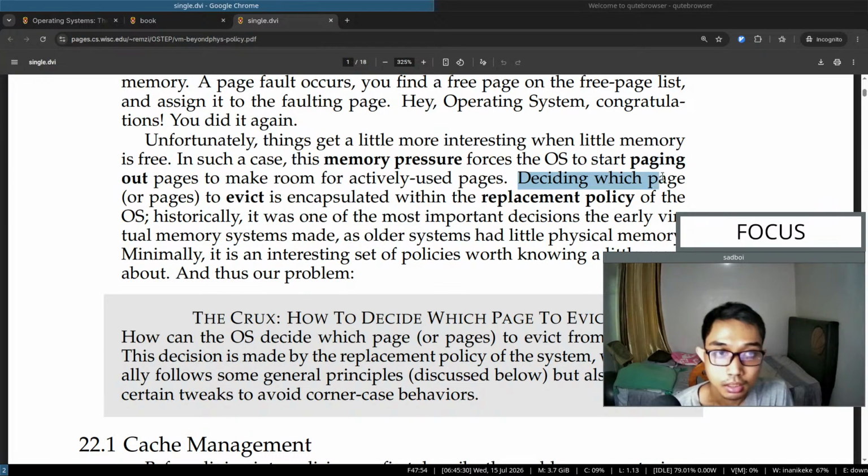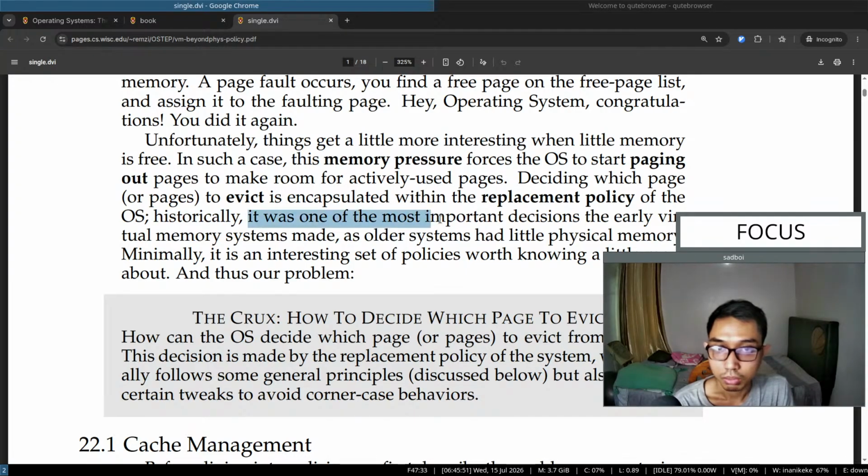Deciding which page or pages to evict is encapsulated within the replacement policy of the operating system.